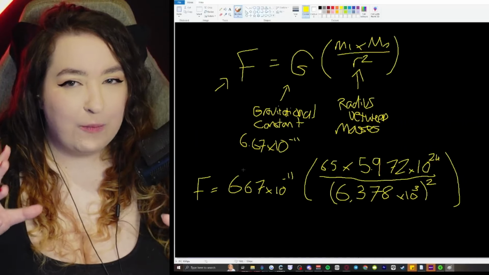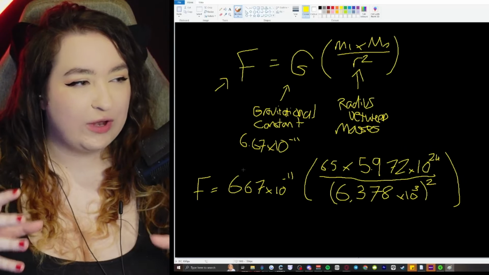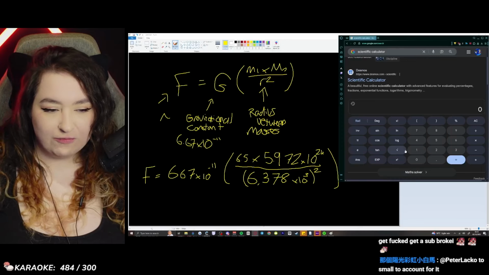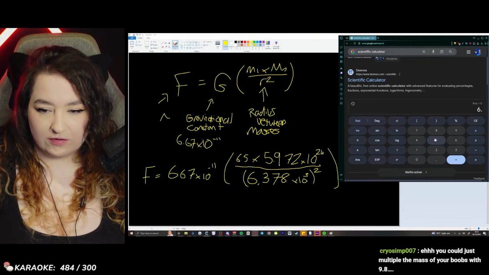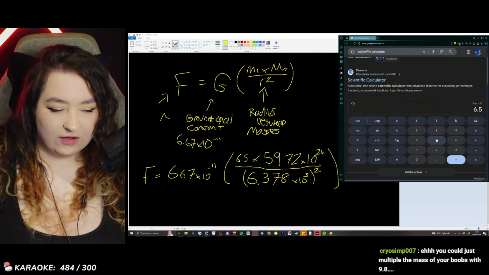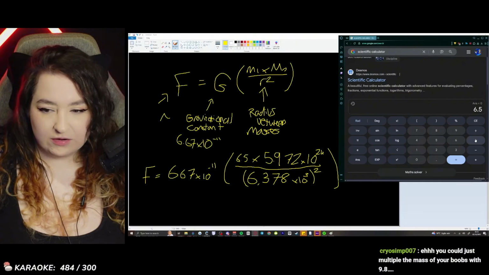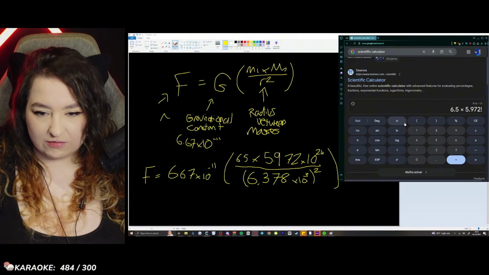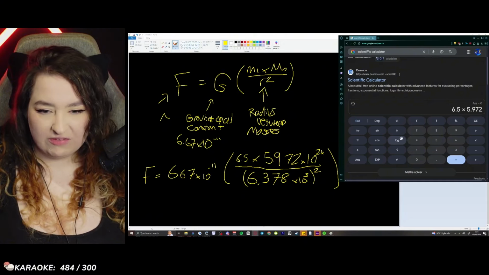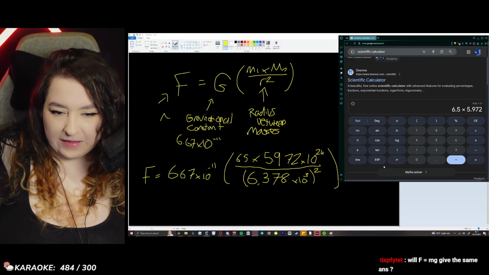This will be how much gravitational force is between my boobs and the earth. Alright, give me 6.5 times 5.972 times 10 to the... wait, that's wrong. Holy shit.